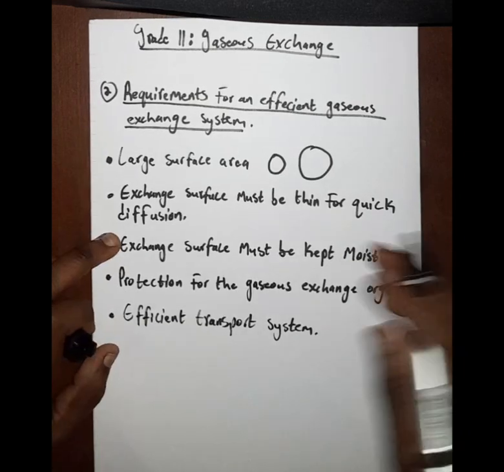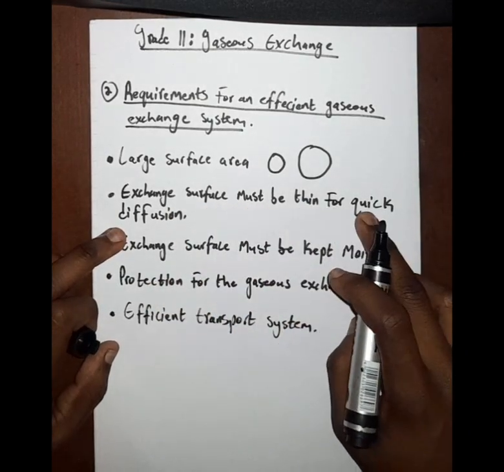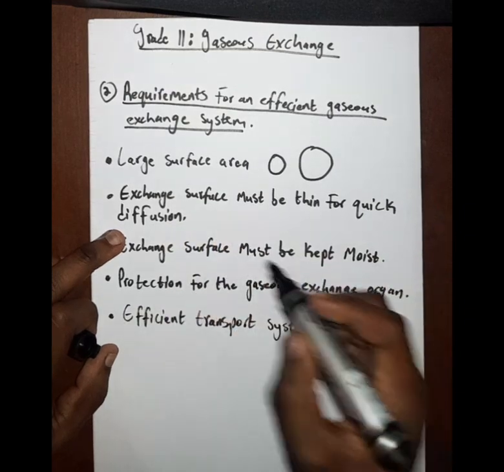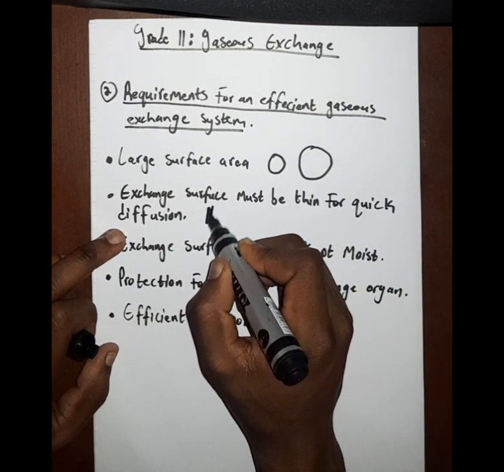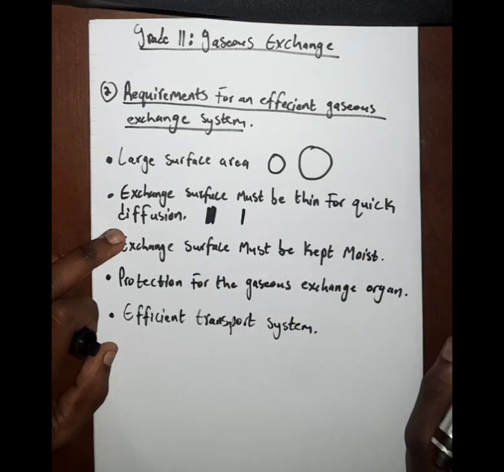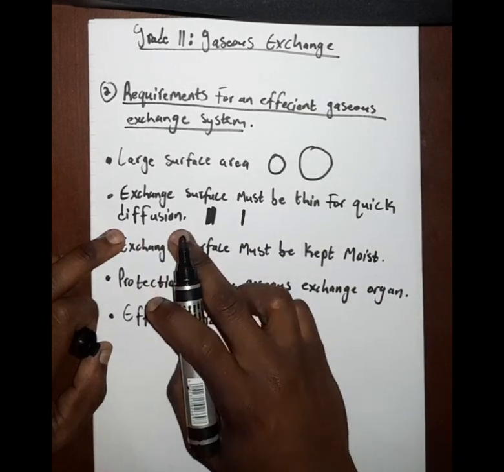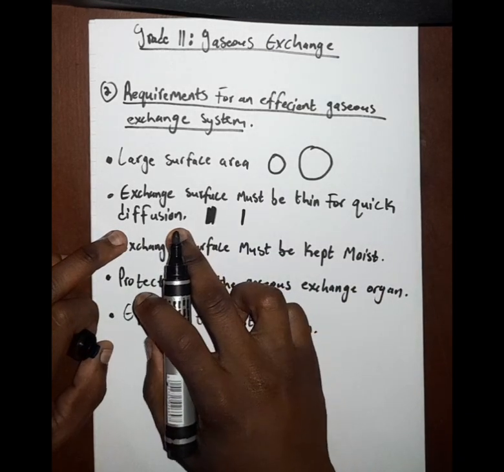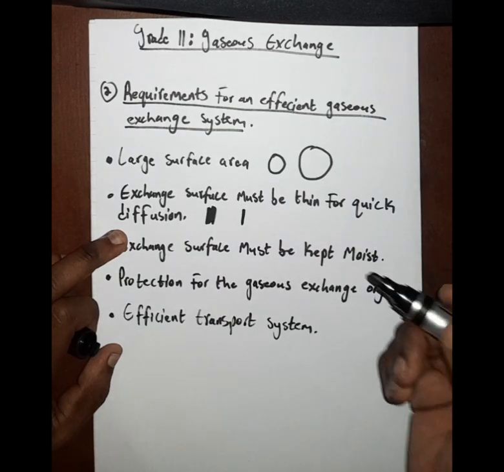Now another thing that we can talk about is the exchange surface must be thin for quick diffusion. For this one, let's say we had a thicker wall and a thinner wall. Remember, gaseous exchange occurs through the process called diffusion, which is the movement of particles from an area of high concentration to an area of lower concentration.